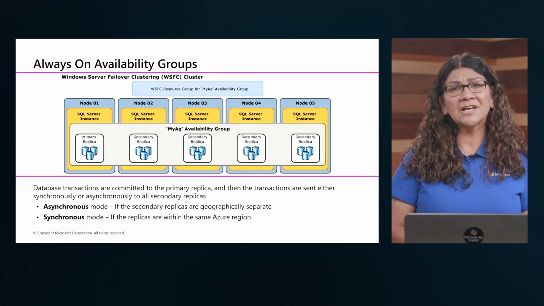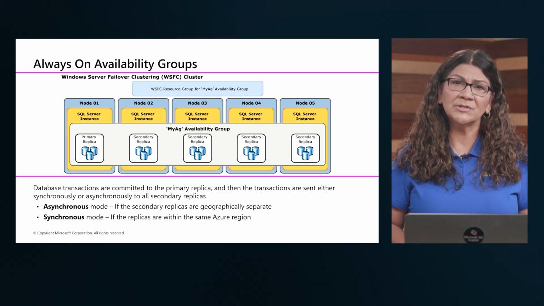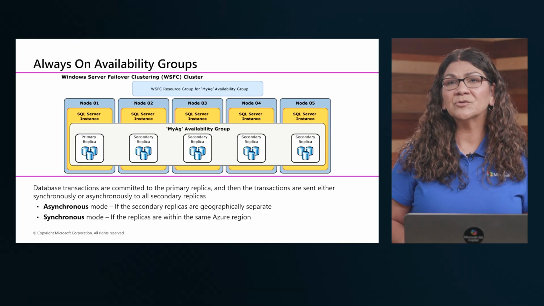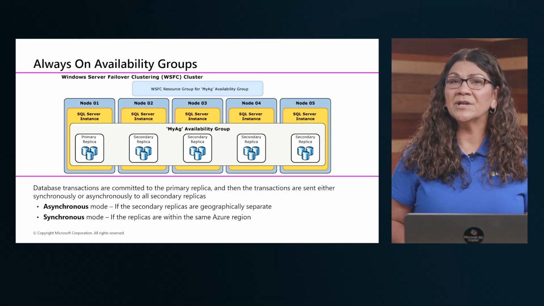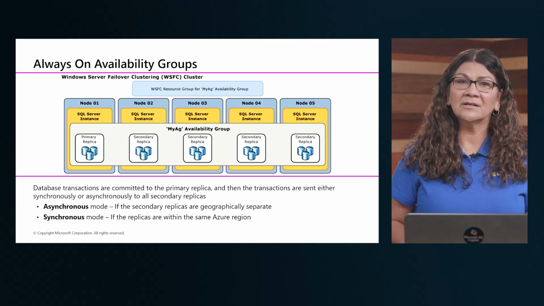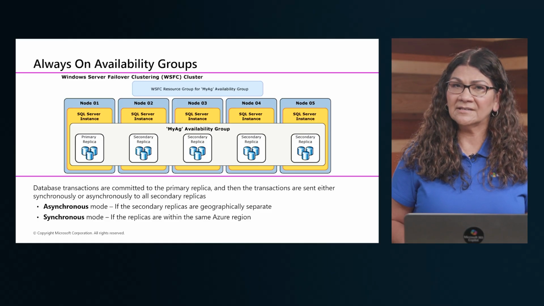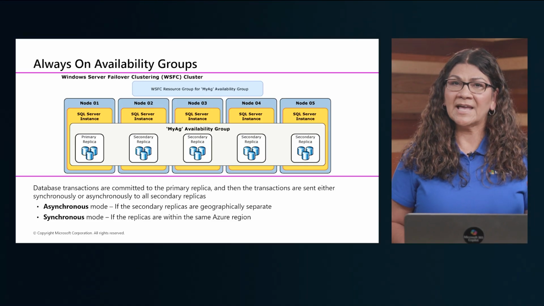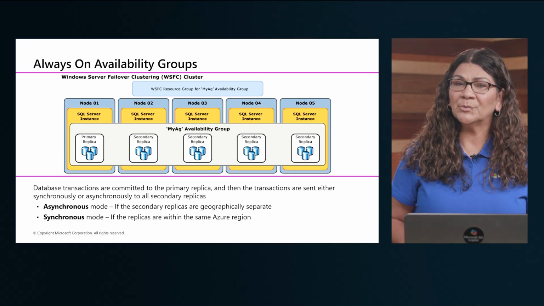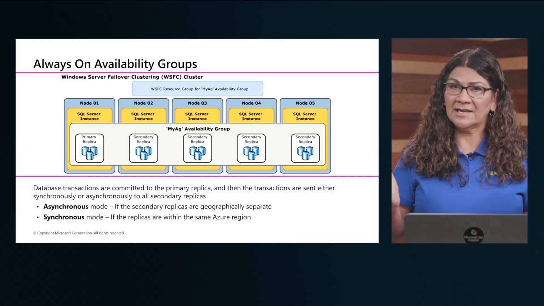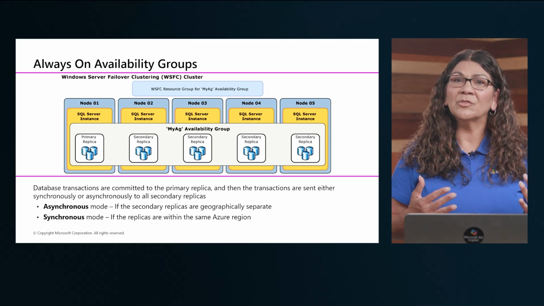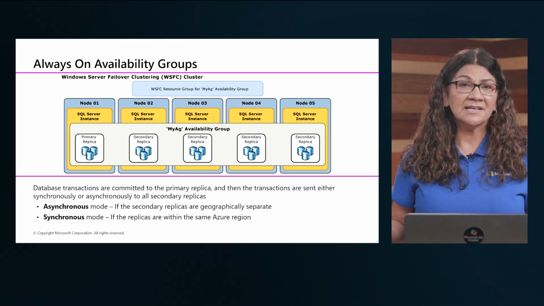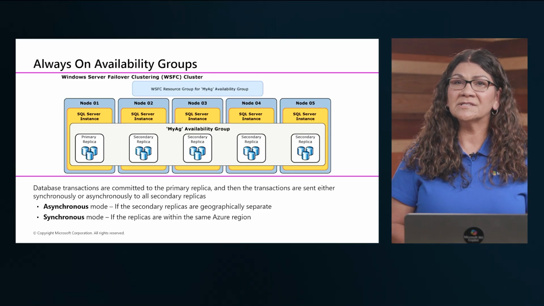Here we see the architecture of the Always On availability group in SQL Server, a high availability and disaster recovery solution built on Windows Server Failover Clustering, or WSFC. In this setup, a resource group, MyAG, spans multiple nodes, each running a SQL Server instance, with one designated as the primary replica and the others as secondary replicas.